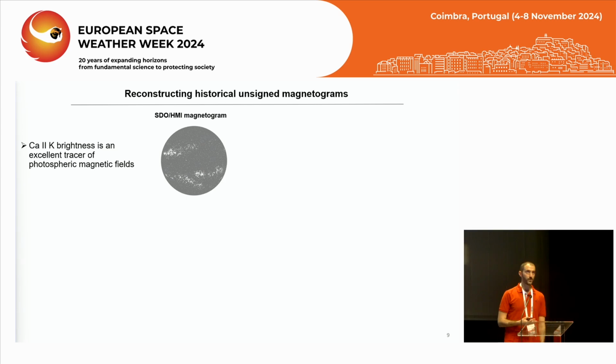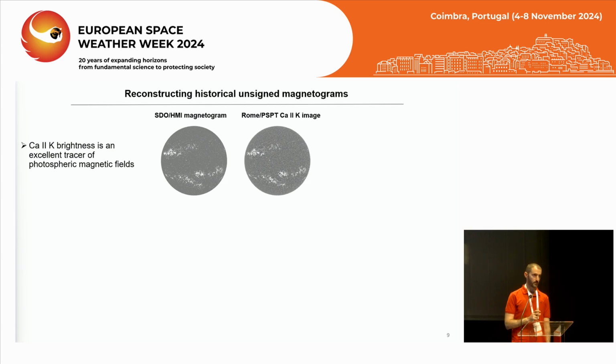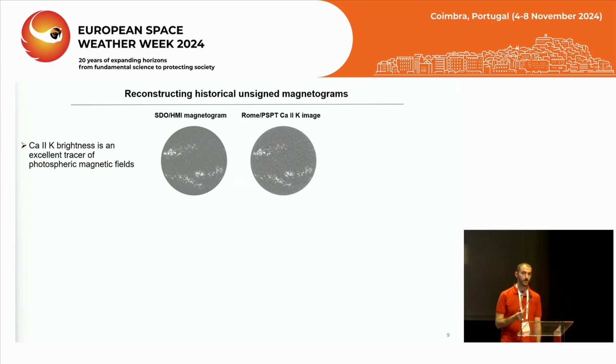But for the purpose of reconstructing right now, we need the magnetic field. And that is the most important thing for us from the calcium K data, because there is an excellent correspondence between the regions that appear bright in calcium K observations and regions that have strong magnetic field in magnetograms.